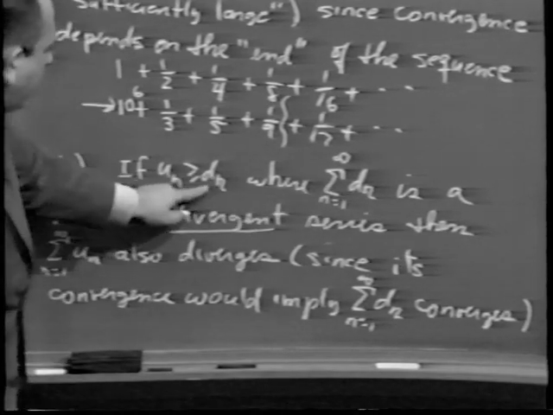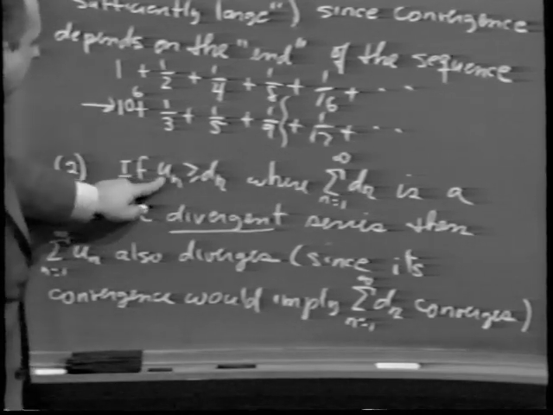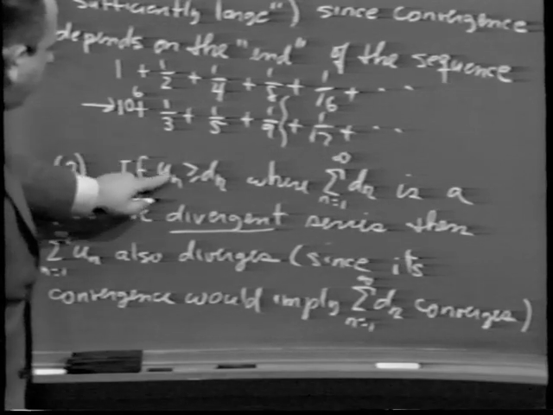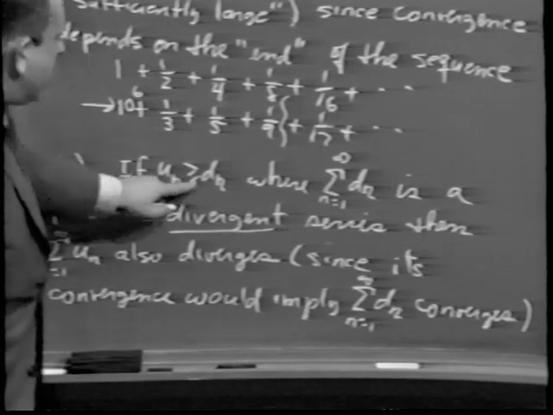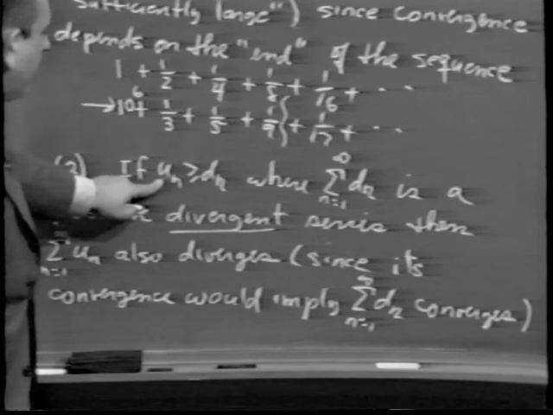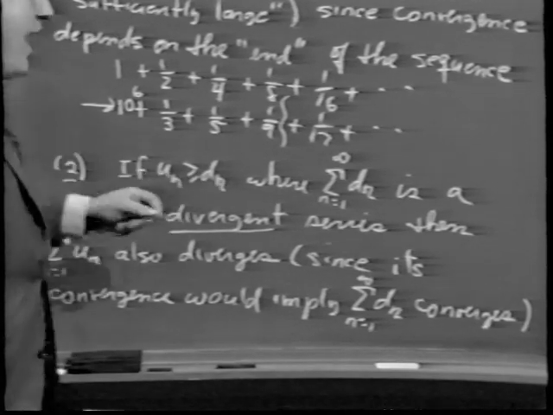In other words, notice that by the comparison test, if summation U sub n converged, the D sub n's being less than the U sub n's would mean that summation D sub n would have to converge also.